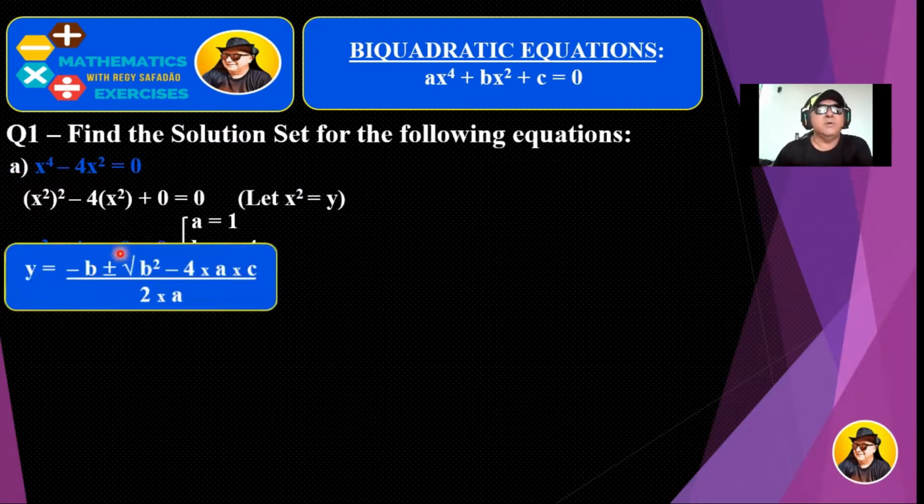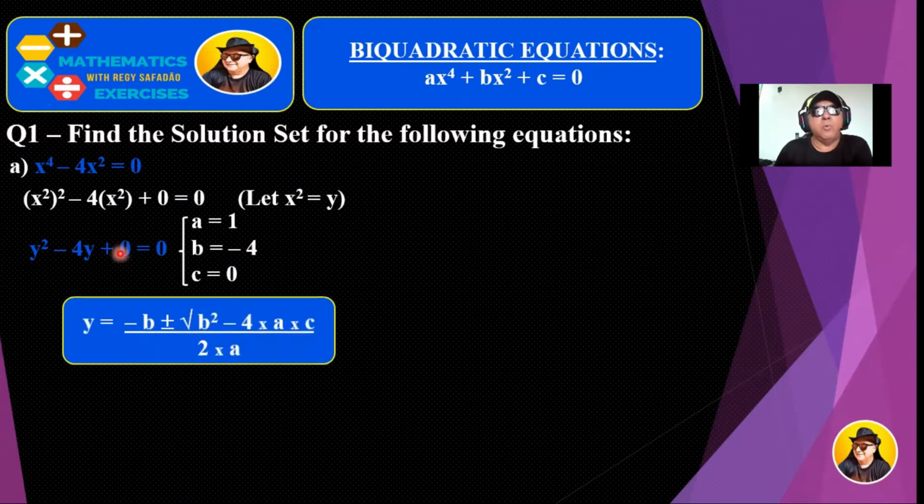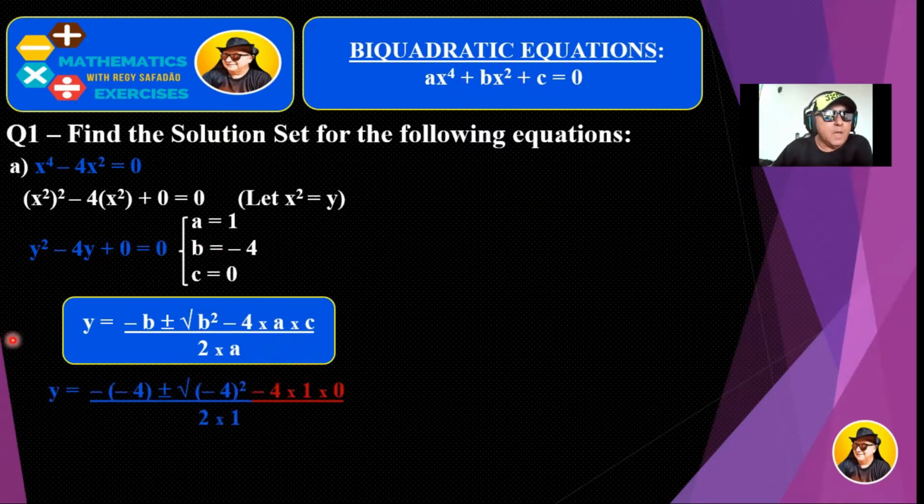So I'll present to you our quadratic formula, okay? And now let's replace values, all right? And do all those calculations. See, minus minus 4, plus or minus root of minus 4 squared minus 4 times 1 times 0, because C is 0, all right? Over 2 times 1.